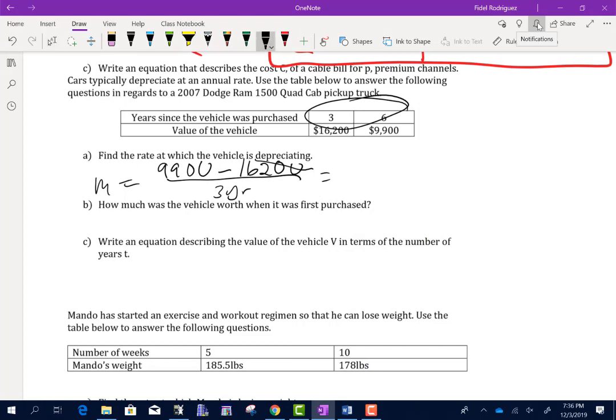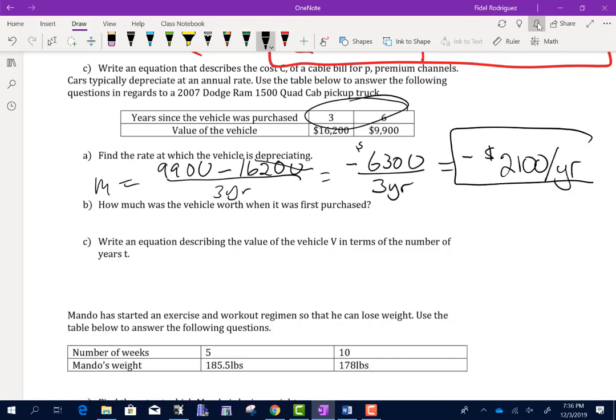Okay, so negative 6,300 over a 3-year period. So very good. It's going down in value $2,100 per year. Okay. All right. So we know at what rate the value of the vehicle is depreciating, right?